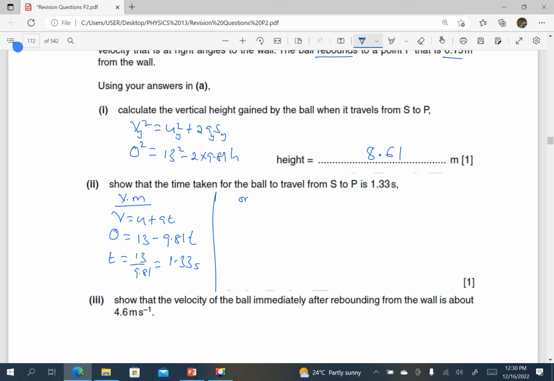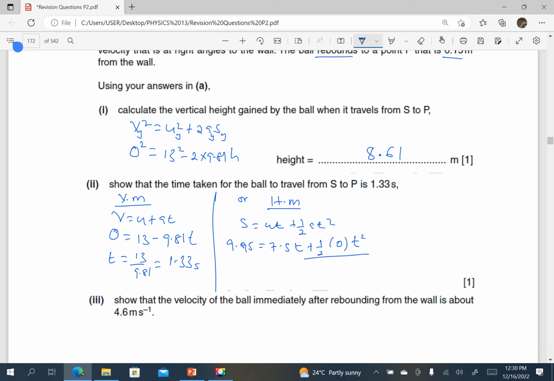Alternatively, I can consider horizontal motion, and I use S equals UT plus a half AT squared. S in the horizontal, when it arrives at P, is 9.95. Initial velocity in the horizontal, we calculated it as 7.5, times T, plus a half acceleration in the horizontal, which is 0, times T squared.